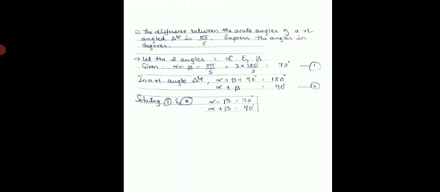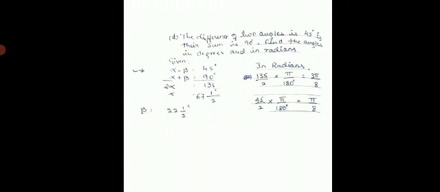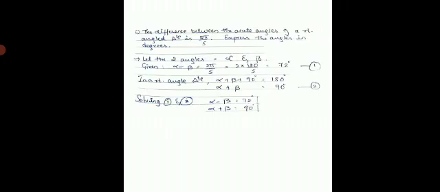So consider first one, alpha minus beta equal to 72 degree as the first equation, and alpha plus beta equal to 90 degree as your second equation. Now after solving equation number 1 and 2, we get alpha is equal to 9 and beta is equal to 81 degree. So solve for this, students, and verify.